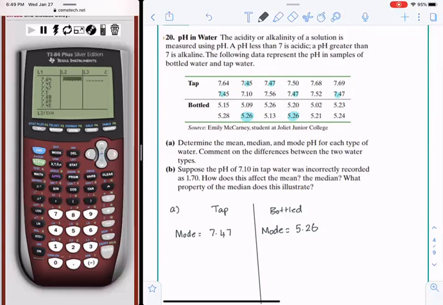So having entered all tap water data, now I'm moving on to the bottled water. So 5.